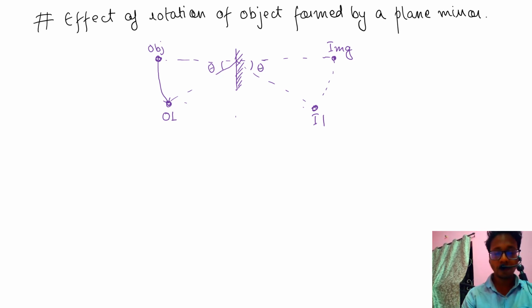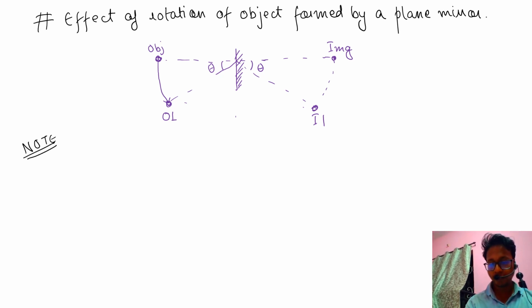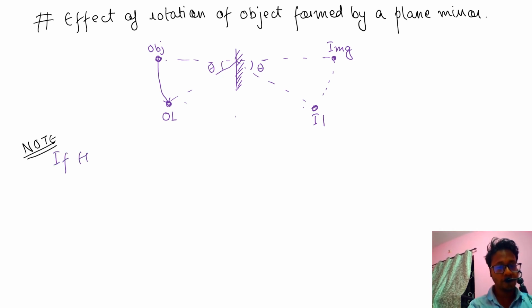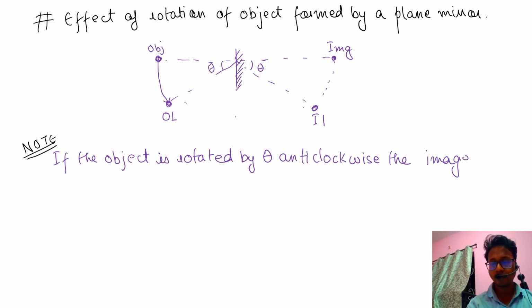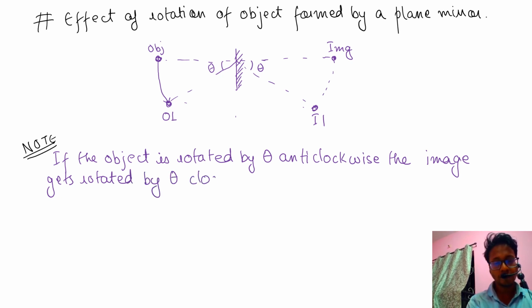So note down the phenomenon: if the object is rotated by theta anti-clockwise, the image gets rotated by theta clockwise.